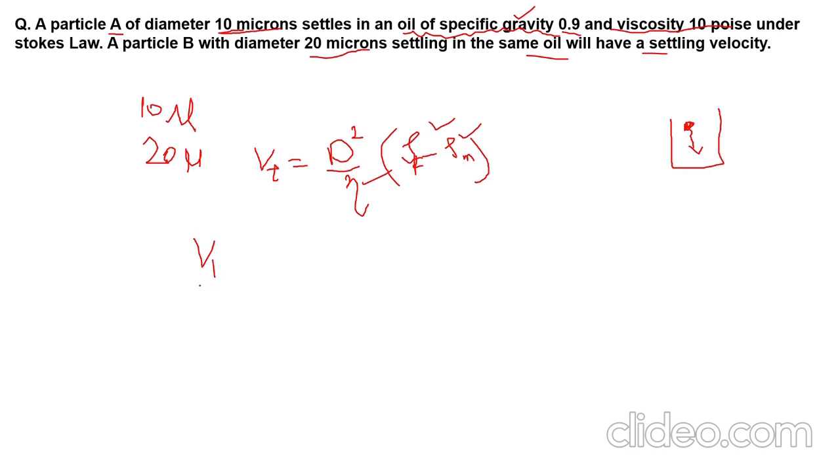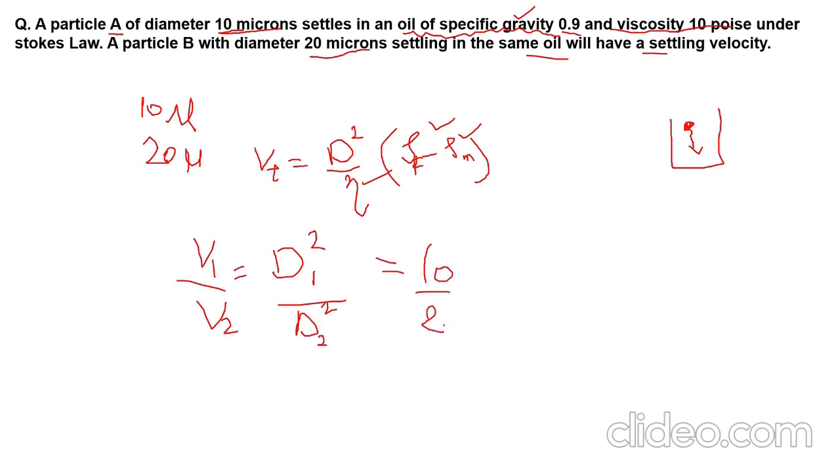So we can write V1, which will be the settling velocity for case 1, and V2, which will be the settling velocity for case 2. That will be equal to the diameter in case 1, squared, and the diameter in case 2, squared. So now you can calculate the relation between the two settling velocities easily by putting in your diameters. Can you tell me what is the relation by putting in the values?